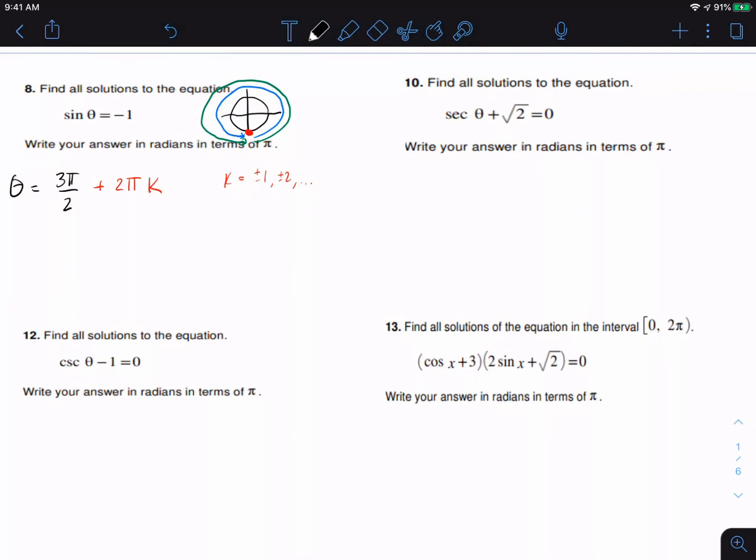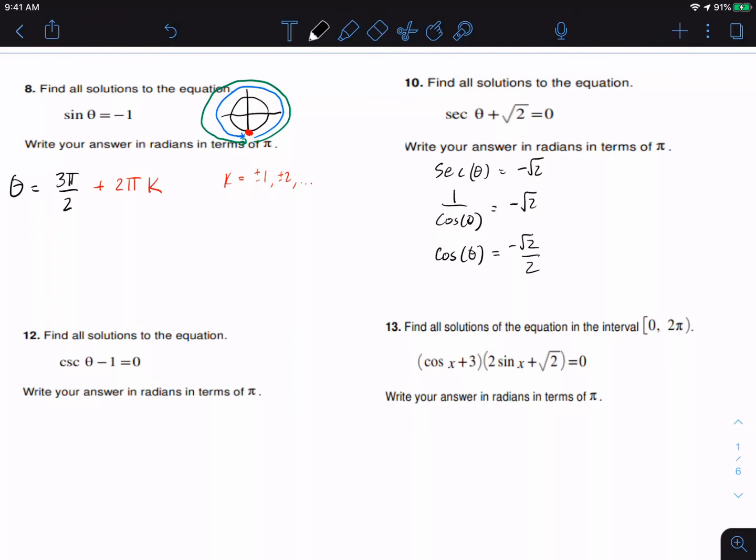For the next one, I'm going to get secant theta is equal to a negative radical 2. That's the same as 1 over cosine of theta equals a negative radical 2. And that would be the same as cosine of theta is equal to a negative radical 2 over 2. So where does that happen?